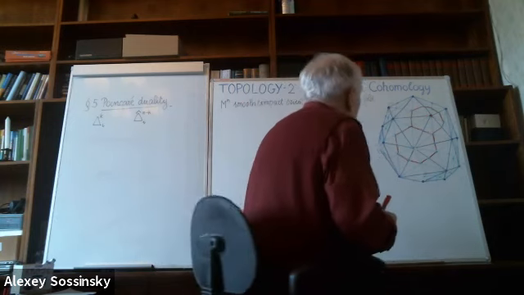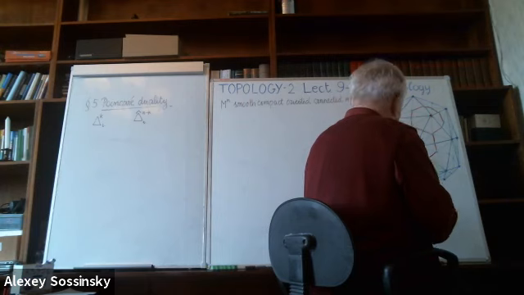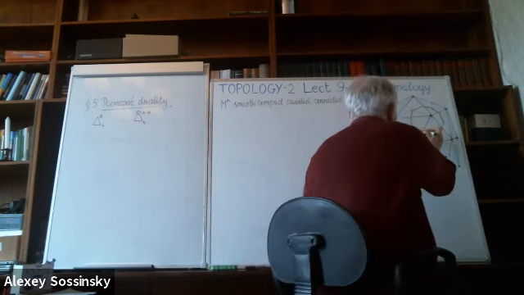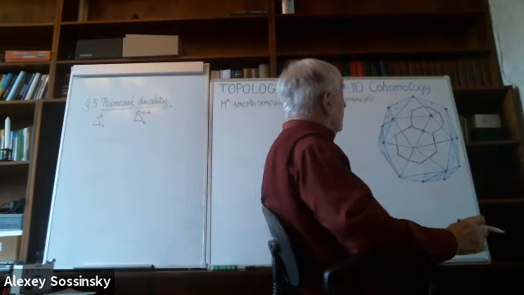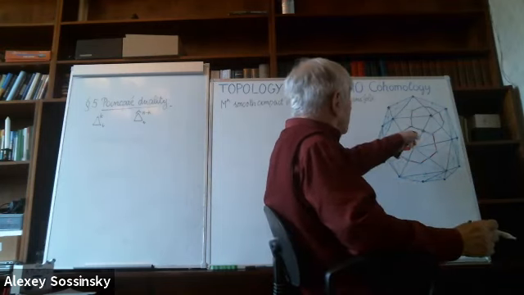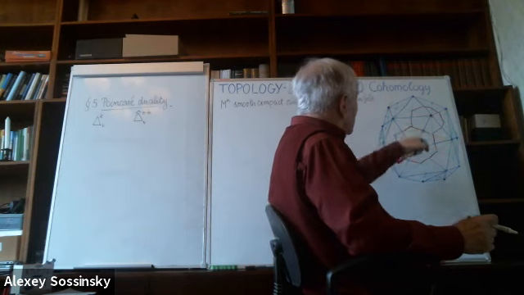We will take its barycenter, here it is, and assign to it all the n-1 dimensional simplices of the first barycentric triangulation that contain this simplex.